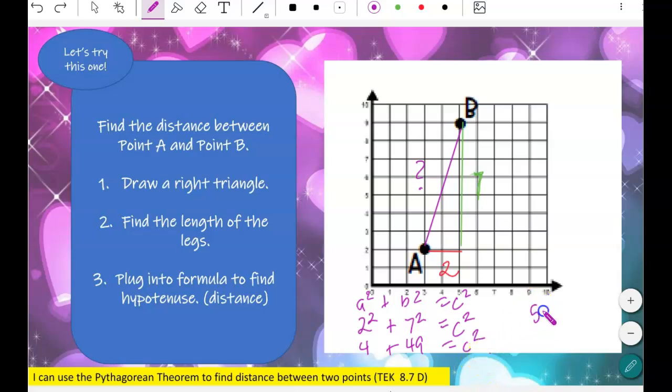I'm going to put that over here. That's C squared. So C is going to be the square root of that. And we'll just use our calculators. Second, x squared, 53, and it's approximately 7.28, so we'll round it to 7.3 is the answer here.